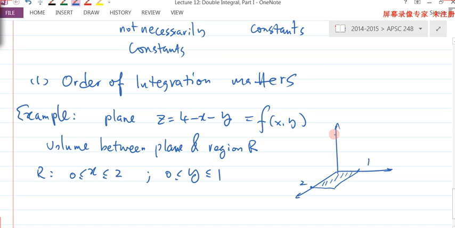So basically, you're extending it up until you reach that plane. The plane more or less looks like this. So what's the volume between the plane and the bottom region R here?